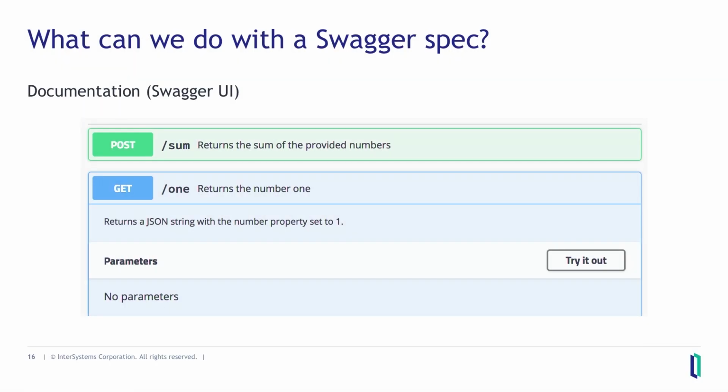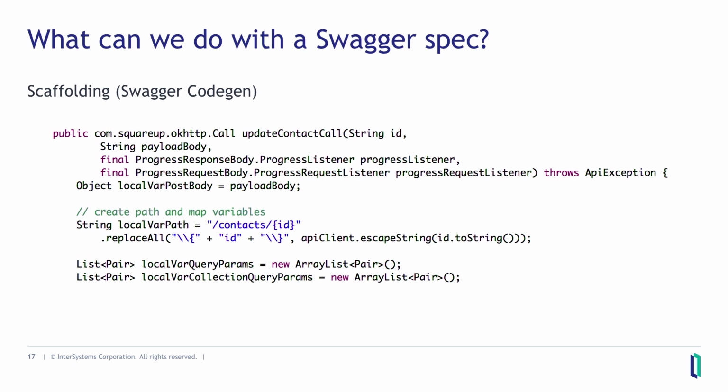What else? There's another tool called Swagger CodeGen, which, when given a Swagger spec, can give you something called scaffolding code. And this is basically a way of abstracting the HTTP layer for connecting to a REST service.